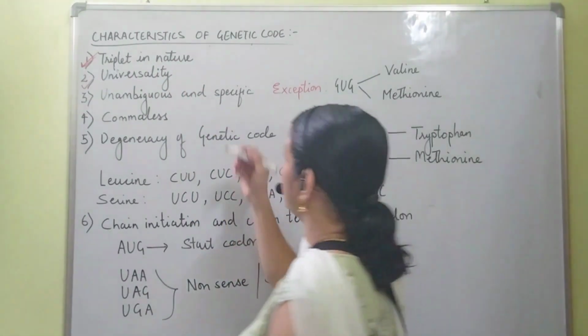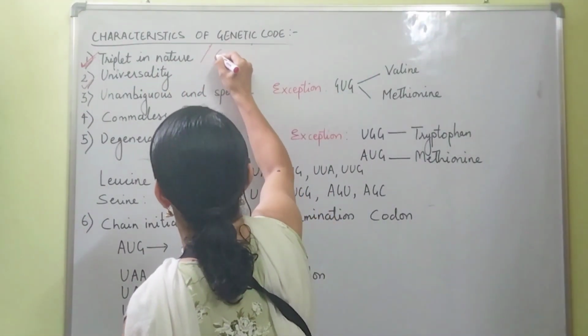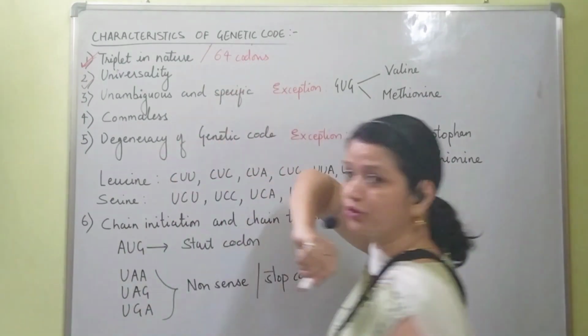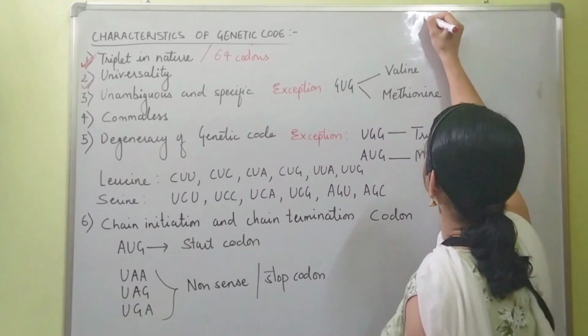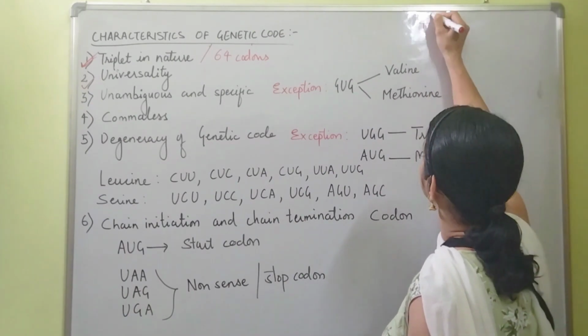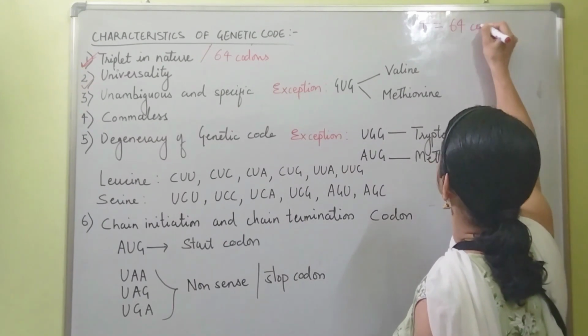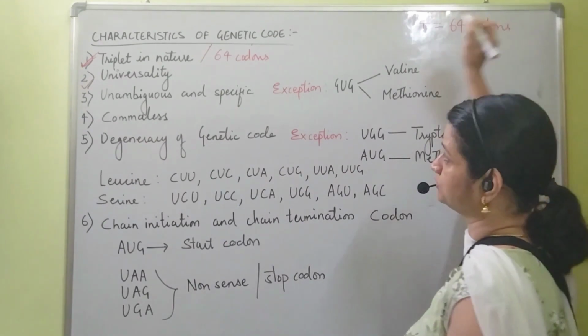Clear? We saw that there are 64 codons. Why are there 64 codons? Because there are 4 nucleotides and they are present in triplets, and we saw that this leads to the formation of 64 codons.